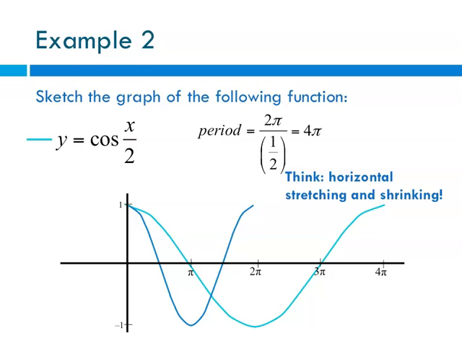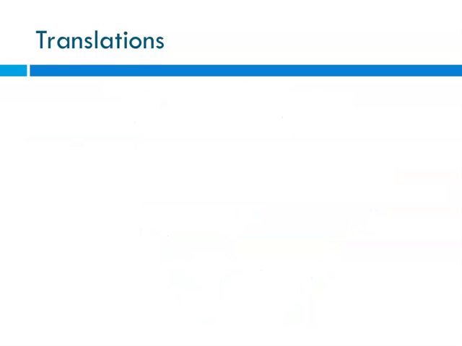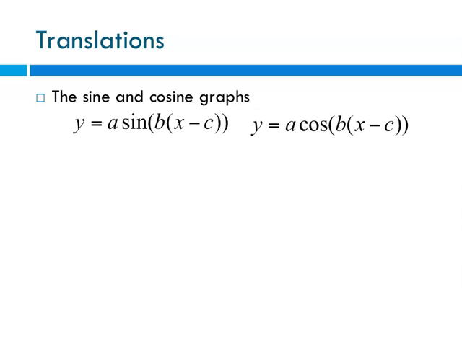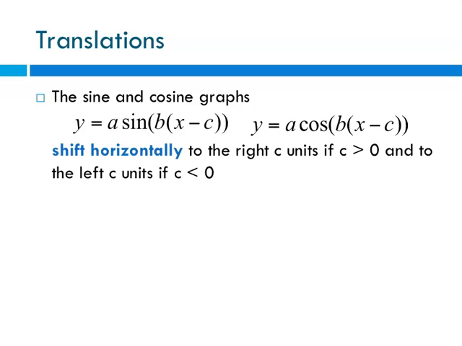All right, the next thing we're going to talk about are translations. So we're going to add a little bit more to our equation here. The sine and cosine graphs will shift horizontally to the right by c units if c is greater than 0, and to the left by c units if c is less than 0.